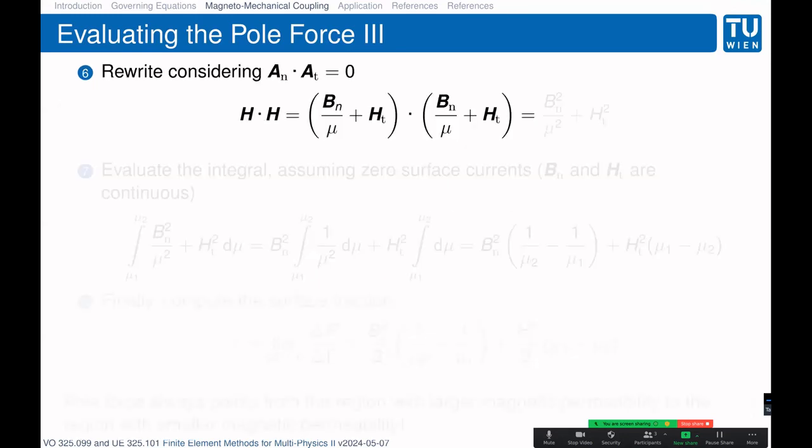So you do this for h, and you can do this for b. And if you then insert this and rewrite h and b in terms of the vector potential, which is actually what you have to consider because it's your solution variable, then you see that you can write h in h as b normal squared over mu squared and h tangential squared.